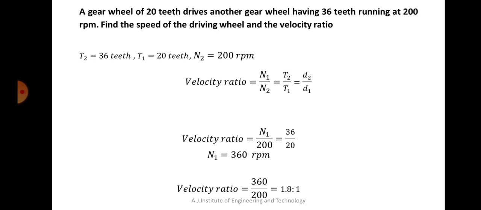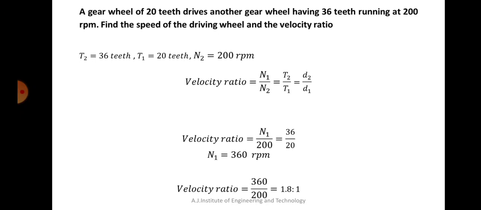It is the same kind of question as the previous one. You can take anything, but you need to take the corresponding teeth and speed.